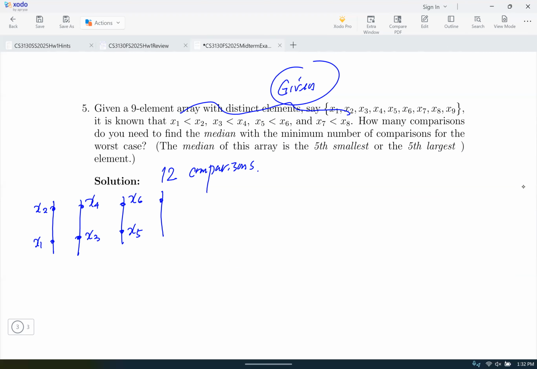Never count. So you can save four comparisons here, because in the final you will have many similar-style questions.